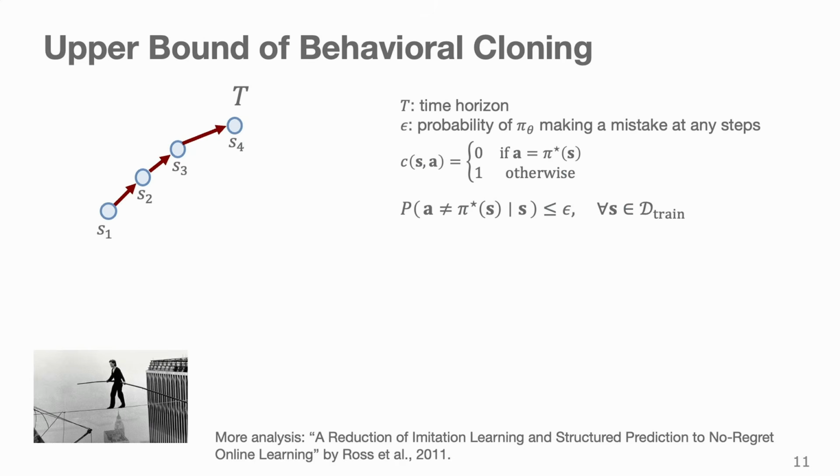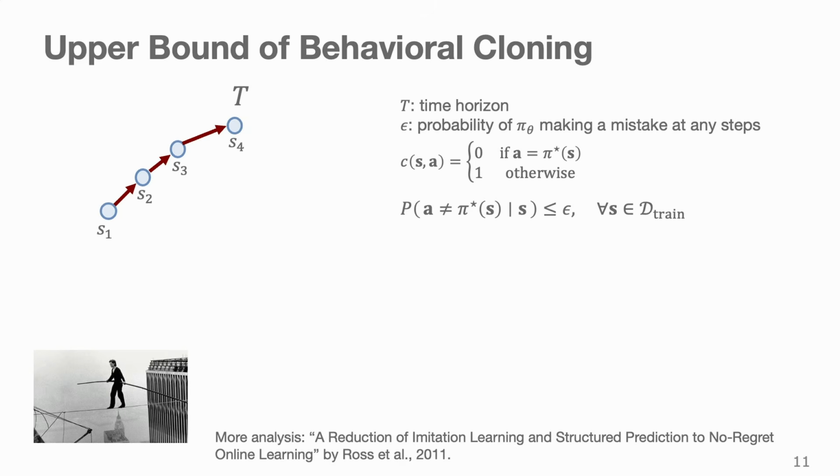Okay, so we know that behavior cloning can be bad, right? But how bad, can we quantify how bad it can be? And so for this, we can derive a formal upper bound on its performance. So suppose we have a time horizon t, the number of steps the robot needs to finish this task, and there's some small probability epsilon that our learned policy pi theta will make a mistake at any given time.